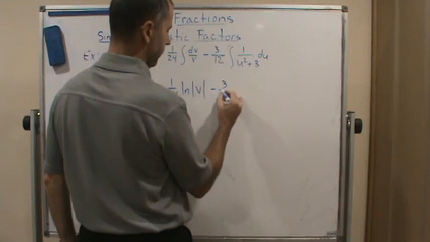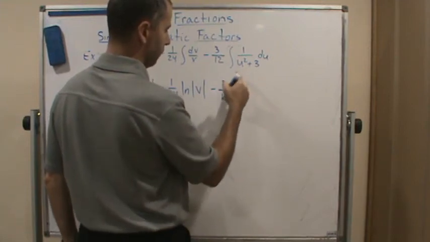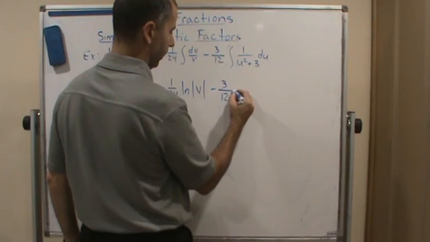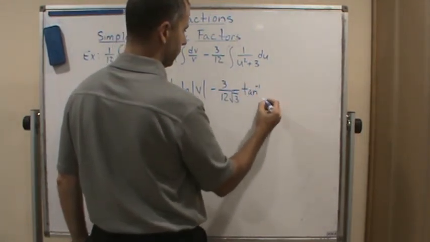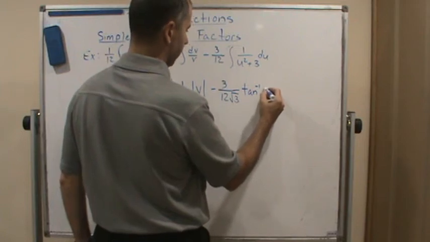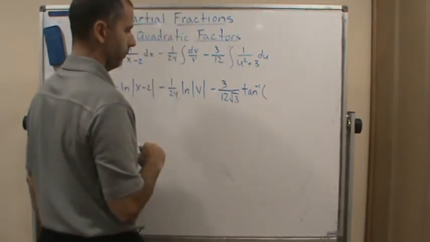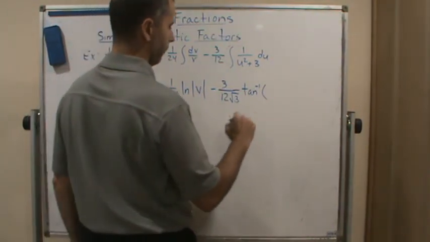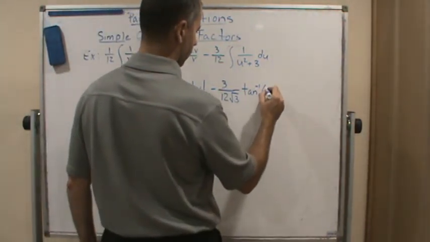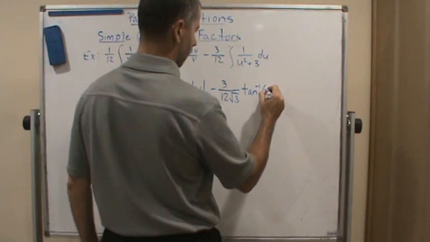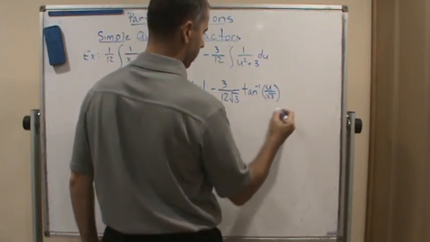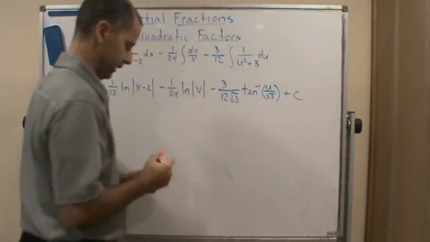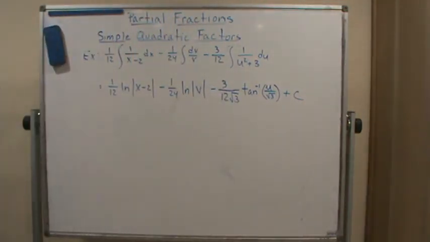Now I'm going to pull out the square root of 3 here. And this is going to be tangent inverse of u over the square root of 3 plus c. Okay, so that's what we're going to get.